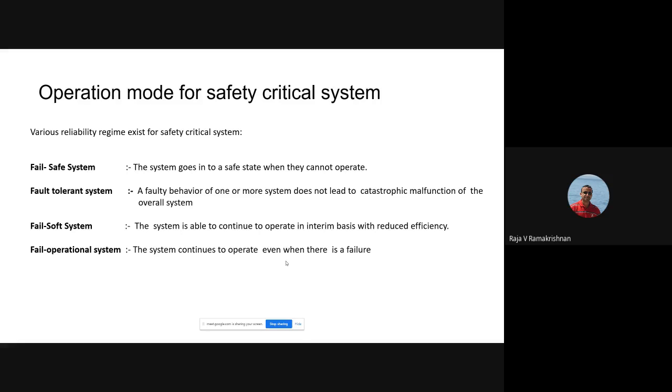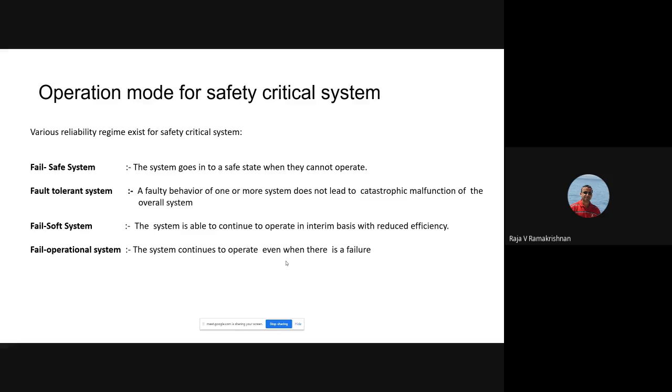Fail soft system: a system is able to continue to operate on an interim basis with reduced efficiency. That means it's not turning off, but it will reduce the performance and it can still continue for some time. The fail operational is where the system continues to operate even when there is a failure. That means a driver wouldn't even know that a failure happened, but he can keep continuing.